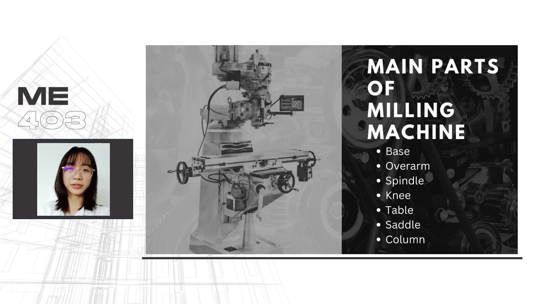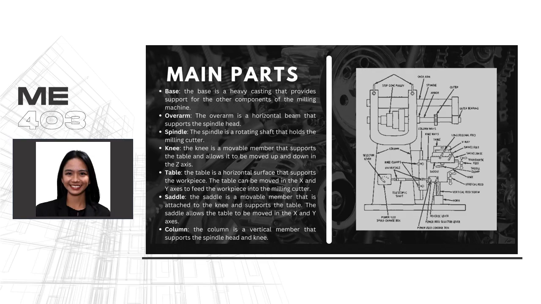An operator must be knowledgeable of the parts of a milling machine. This includes the base, the overarm, the spindle, the knee, the table, the saddle, and the column. The base provides support for the other components of the machine. The overarm is the horizontal beam that supports the spindle head. The spindle is the rotating shaft that holds the milling cutter.